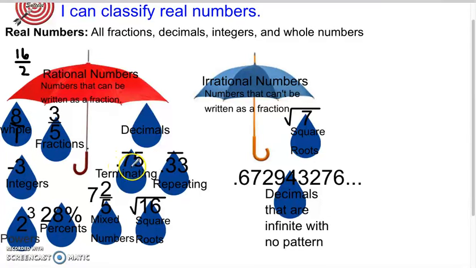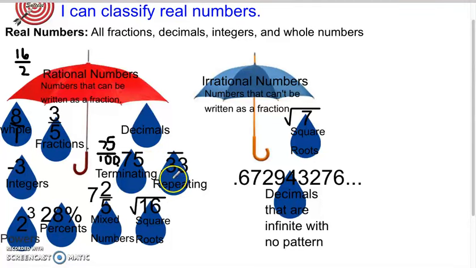I can create 0.75. I know that that is 75. Oops, I meant to make a 5. 75 hundredths, because I know that 75 cents is 75 pennies out of 100 pennies. And so 75 hundredths represents this 0.75. And this kind of decimal is called a terminating decimal. It stops.